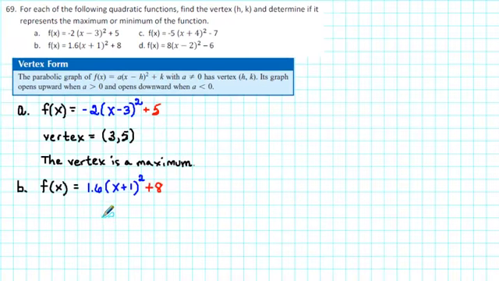In part B, we're given the quadratic function f(x) = 1.6(x + 1)² + 8. So again, we focus on this first term. The square of x plus 1 cannot be negative. So when we multiply by positive 1.6, this whole first expression cannot be negative.